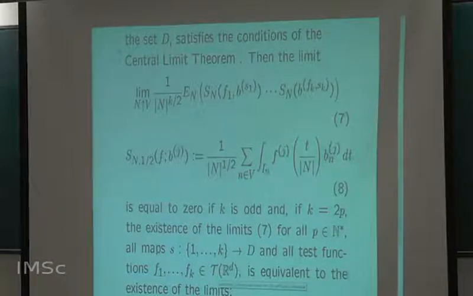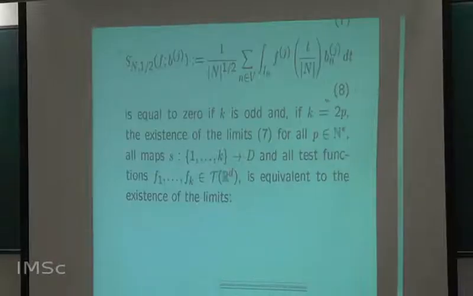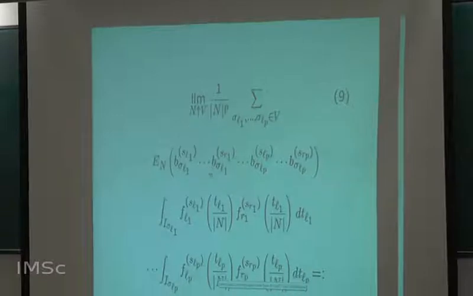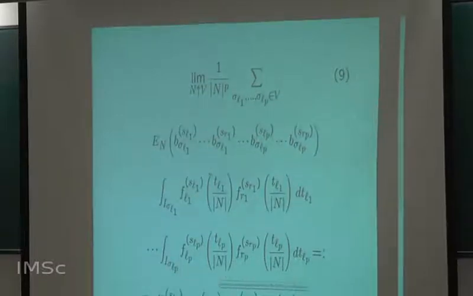So we reduce to the case in which k is an even number, and from now on, remember the f are Schwartz functions, T is the Schwartz space. From now on, k will be 2p.